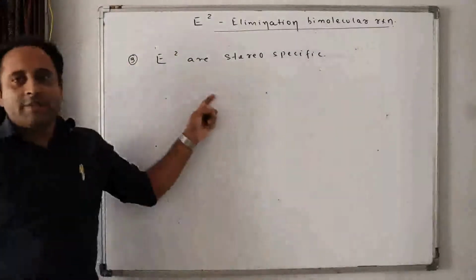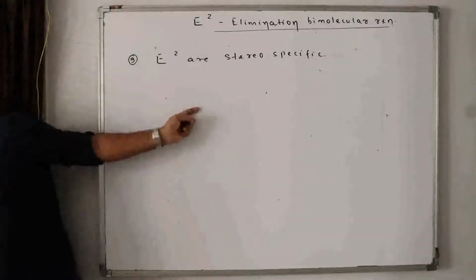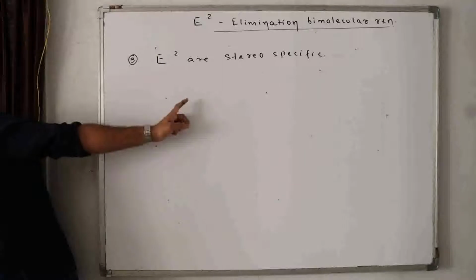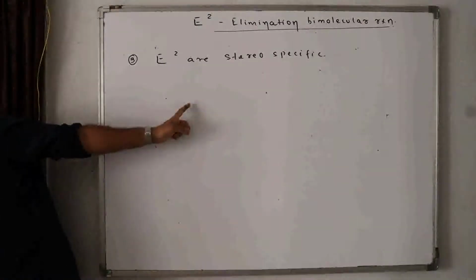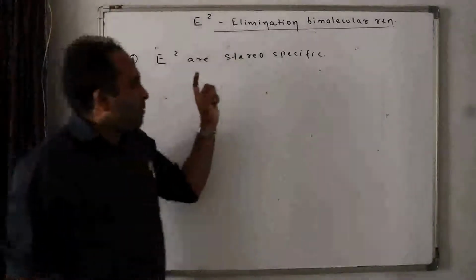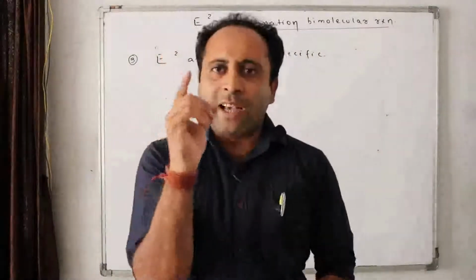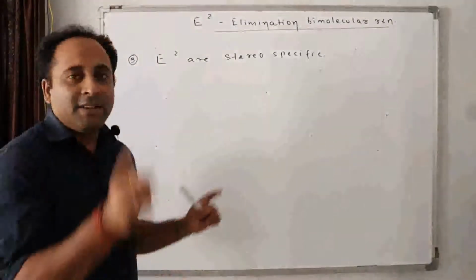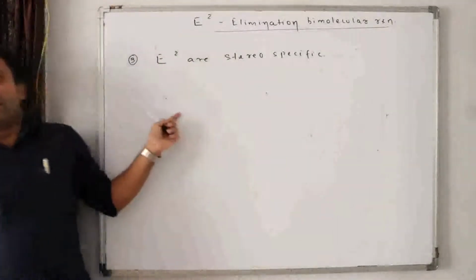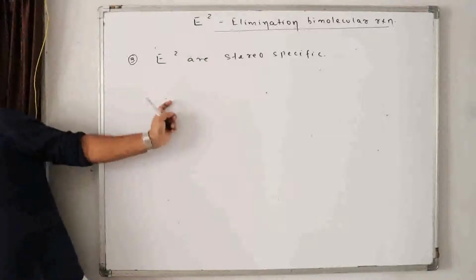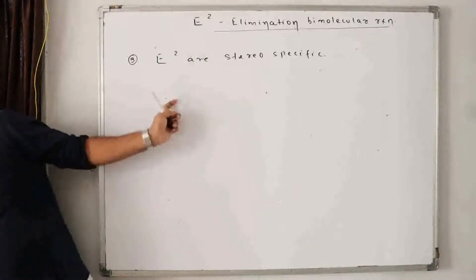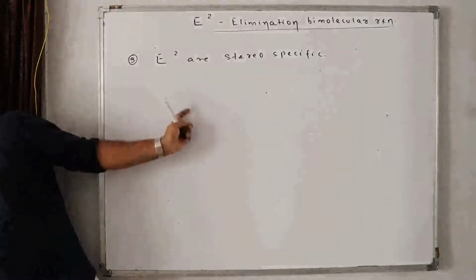Remember, stereospecific means it is related to the reactant. It means in this reaction a particular stereoisomer will react, but the other stereoisomer will not react. It is a reactant-related concept. I will tell you with the help of an example. Let's go for the example. Write down: stereospecificity is related to the reactants.